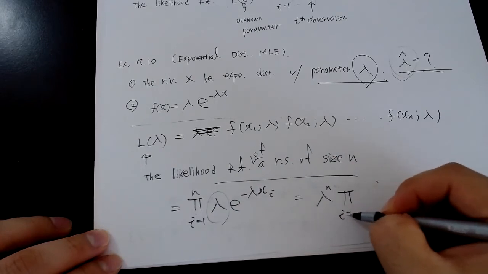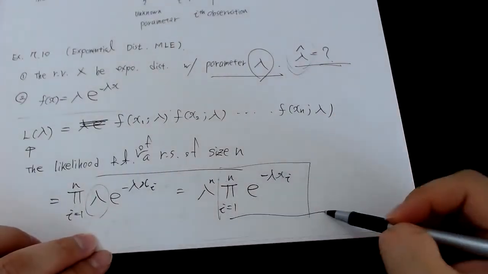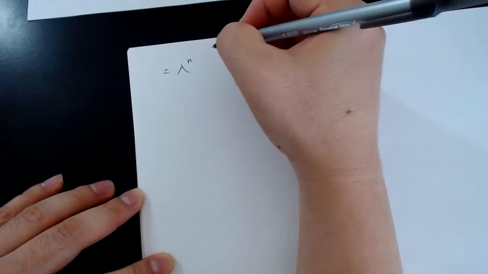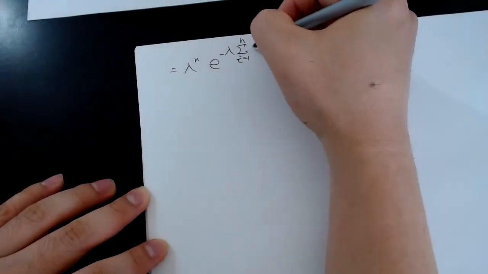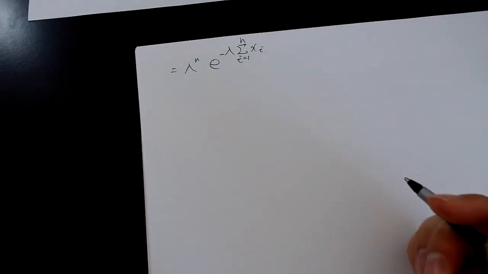Then we have the product from i equals 1 through n of e to the negative lambda xi, which means multiplying e to the negative lambda xi from i equals 1 to n. So this is equal to lambda to the nth power times e to the negative lambda times the sum from i equals 1 to n of xi. Now, to find the critical value, we're going to take the natural log of L of lambda.